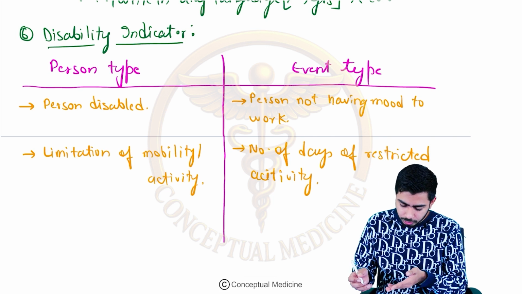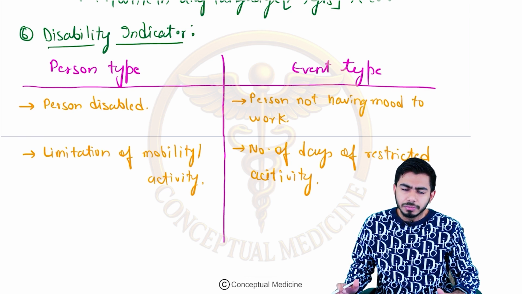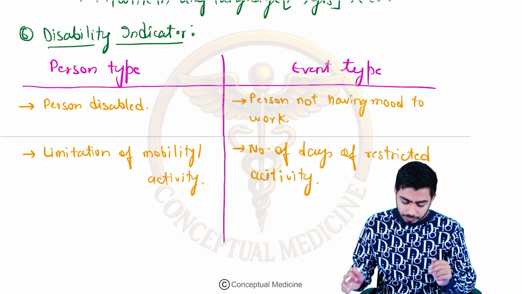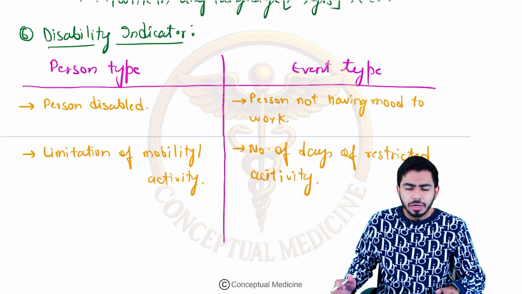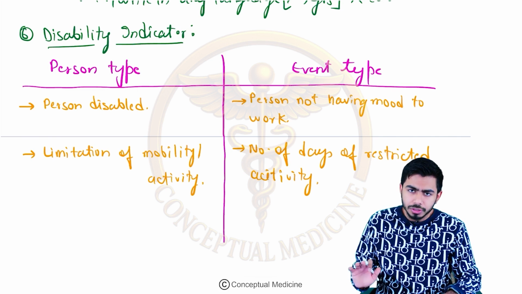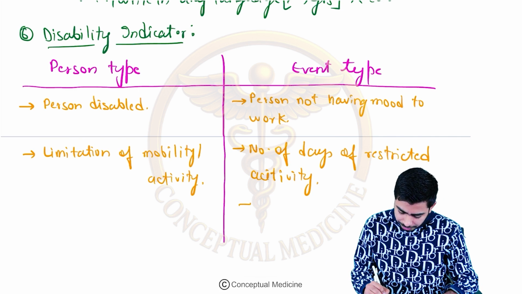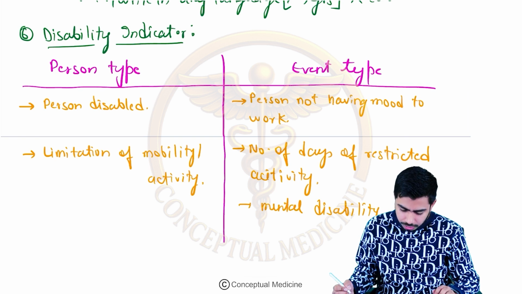Event type. I told you already that the person is physically stable but not mentally. If the person is physically unstable, that is the person type disability, and on the other hand, if the person is mentally unstable, then that would be the event type disability. So here the mental disability will be seen.